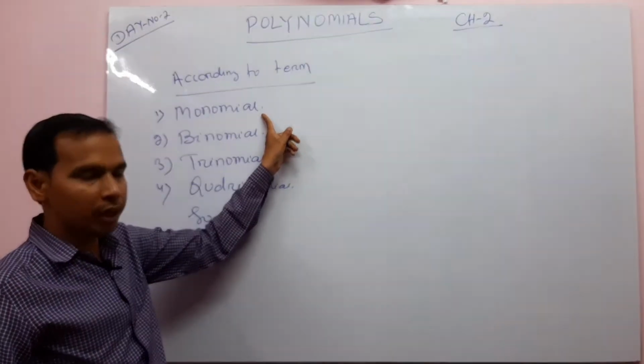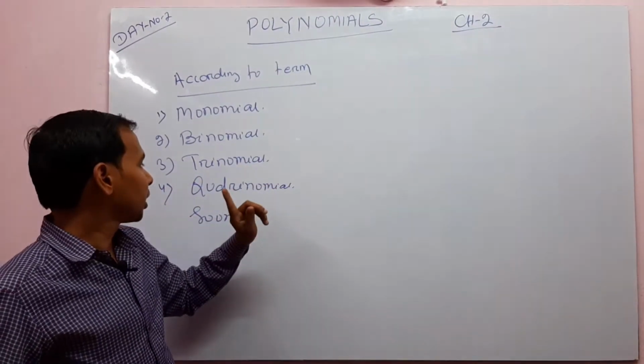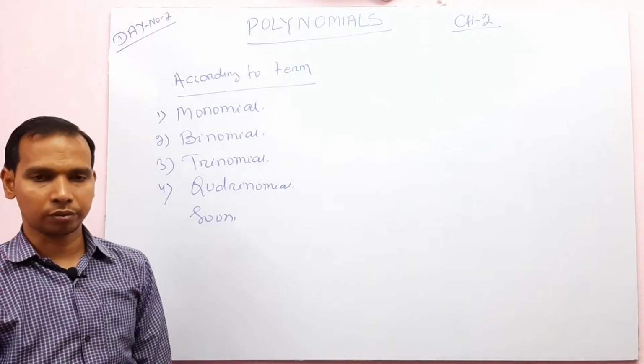First one, monomial. Second, binomial. Third one, trinomial. Fourth one, quadrinomial, and so on.